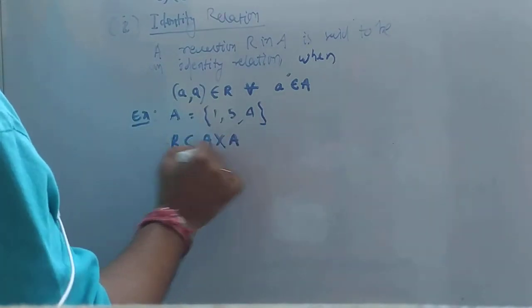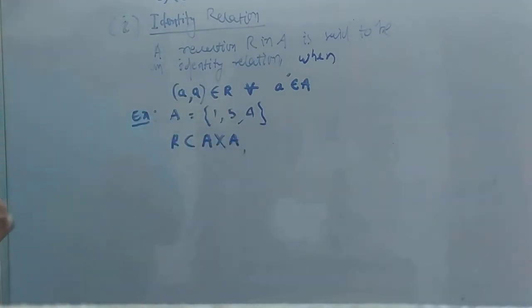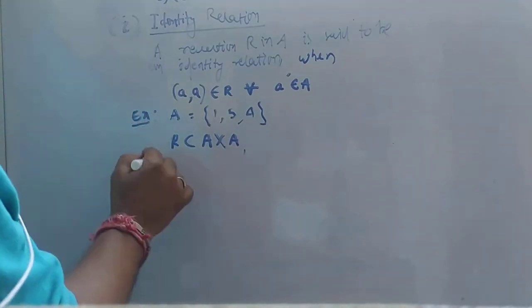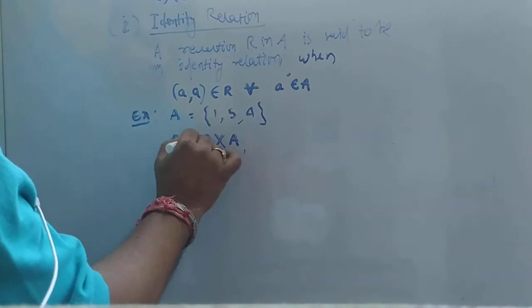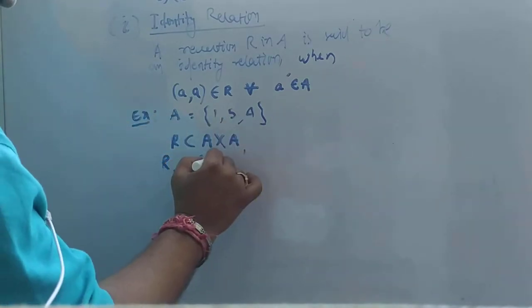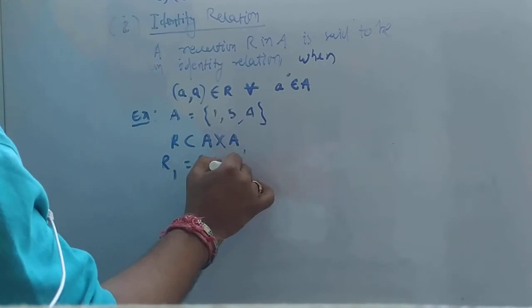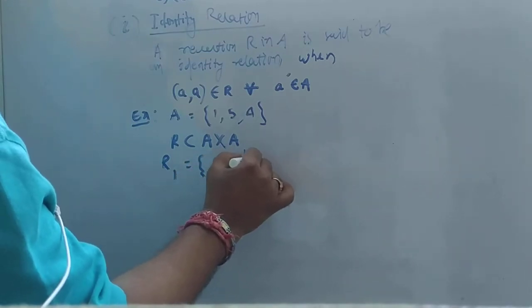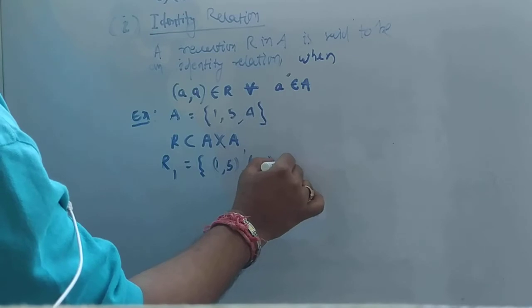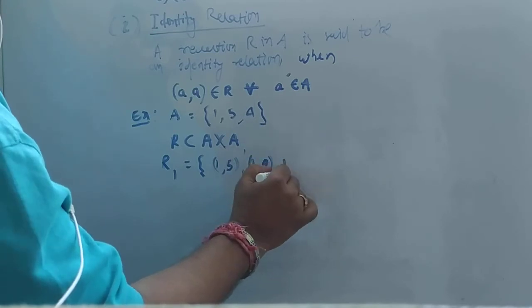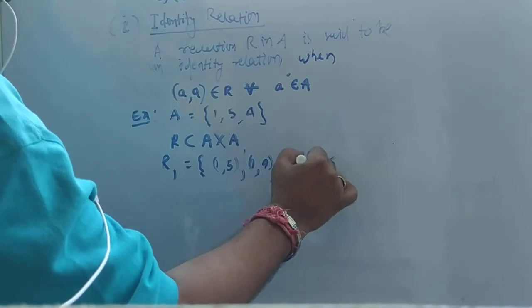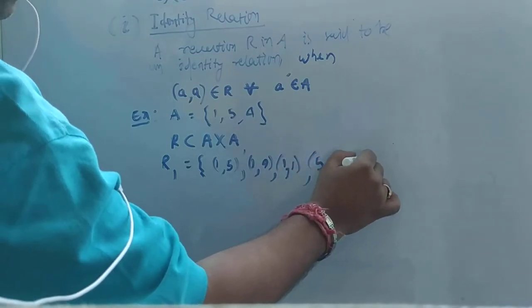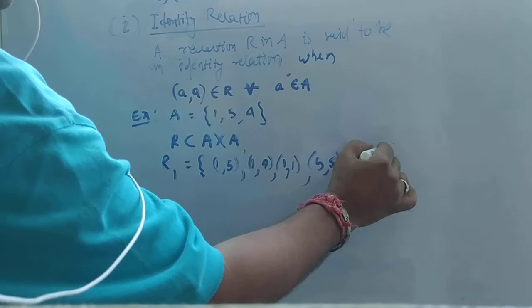Then A cross A. Let us think about three different types of relations. R1, one relation I am taking, any subset of A cross A. I am taking it as (1,5), (1,4), (1,1), (5,5) and (4,4).